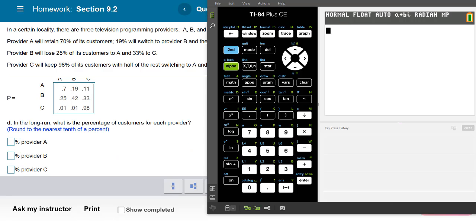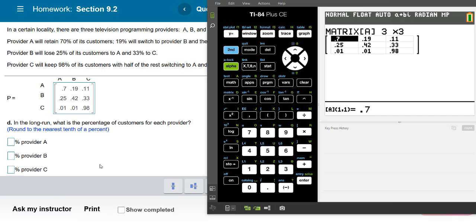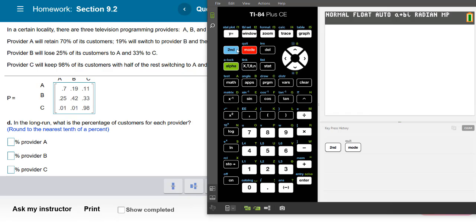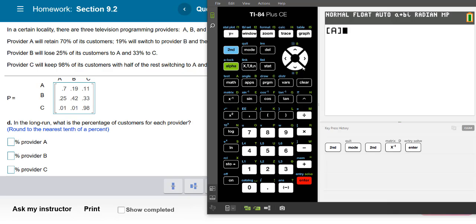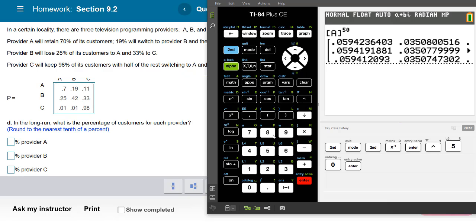Now we'll enter the transition matrix on our calculator. After double checking our numbers, we exit and do matrix A to some large power, and we have rows that are fairly identical, at least to the nearest tenth of a percent, as it says in the problem.